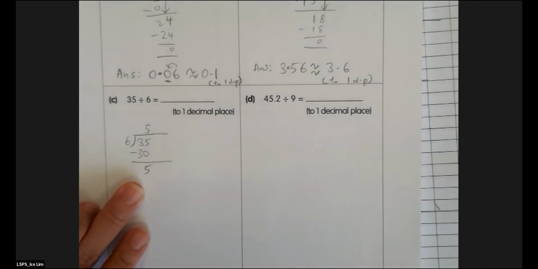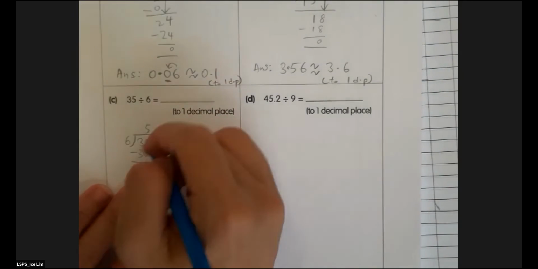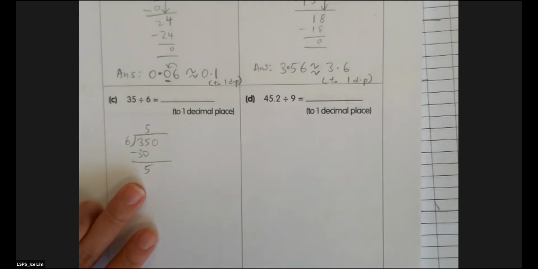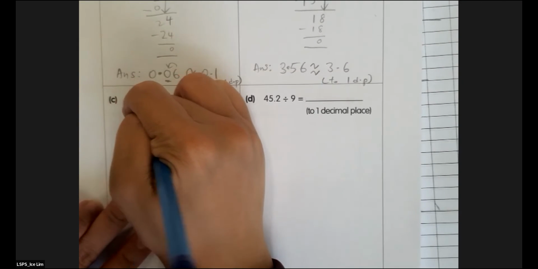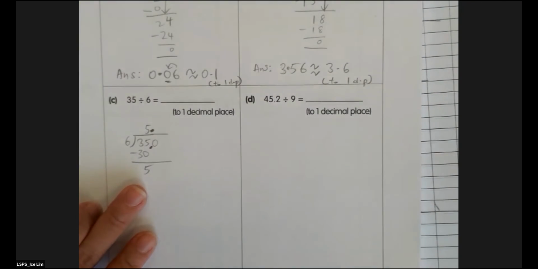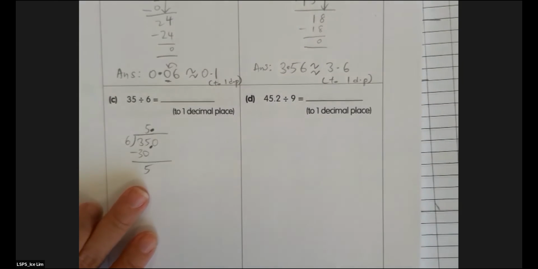There's a remainder, cannot stop here. What, add a zero other than like that? Yes, it must have the decimal point. Then it's okay.